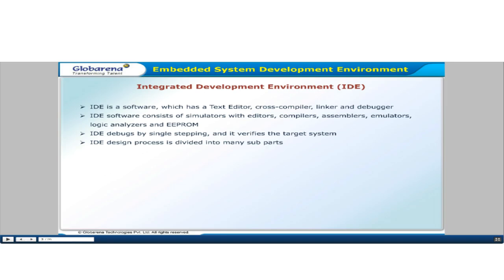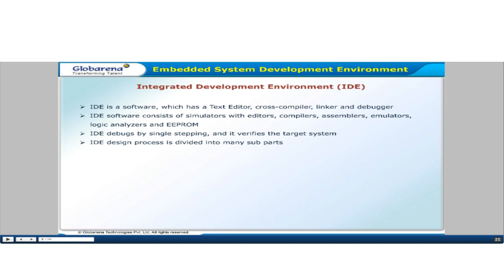If you write any program and there are any errors, these are edited by using the text editor. If you want to run the program, it can be done by using the cross compiler, and this program is linked into the different software by using the linker. If you find any errors, these can be rectified by using the debugger.